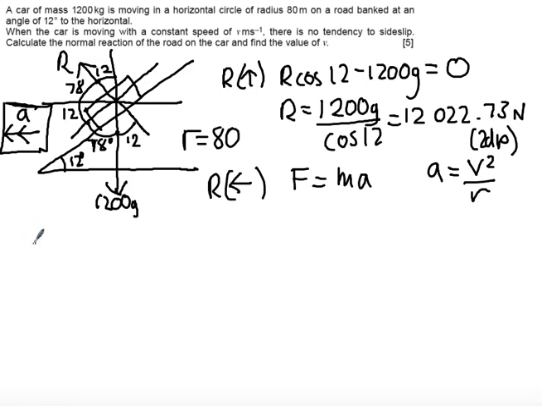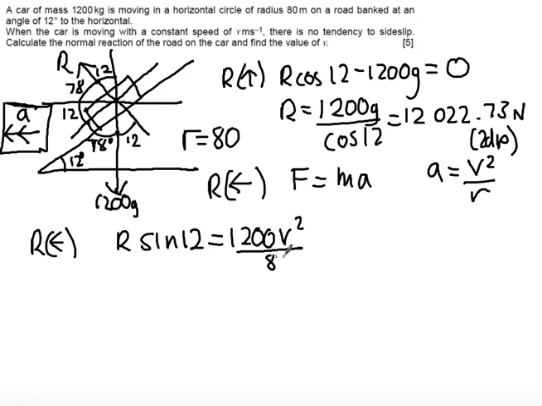So resolving horizontally in the direction of acceleration, there is nothing acting in the direction of acceleration other than the reaction. So I'll get R sin 12 is equal to the mass, which is 1200, times the acceleration, which is v squared all over 80.